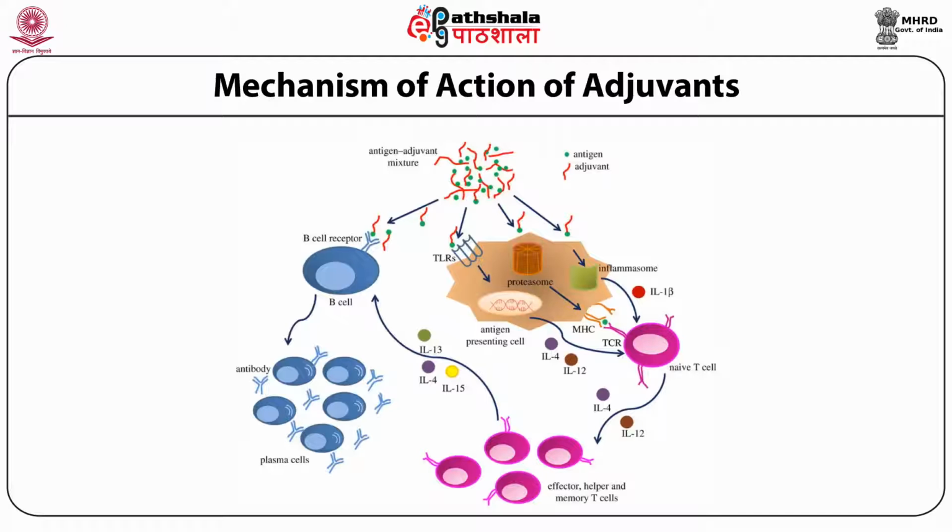In general, it helps to obtain higher responses with respect to both humoral and cell mediated responses. Hence, the use of adjuvants is very common whenever we are trying to raise antiserum in experimental animals or even during vaccination, as we will see. Adjuvants play a very important role.